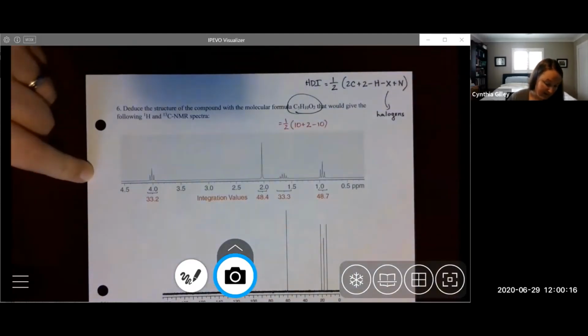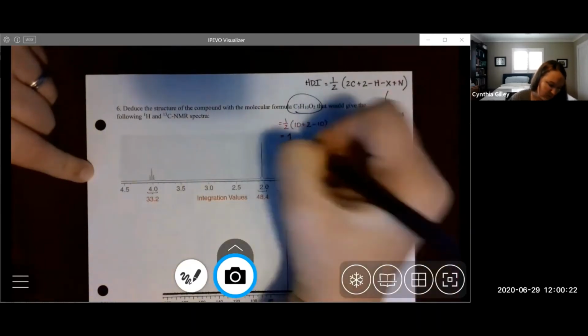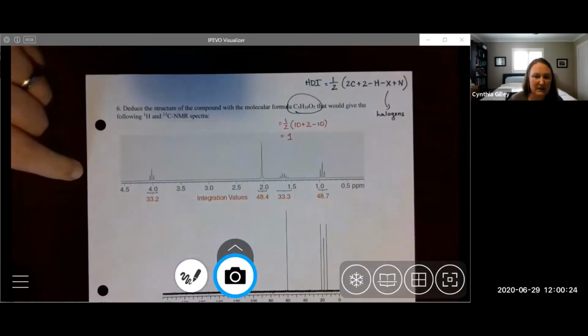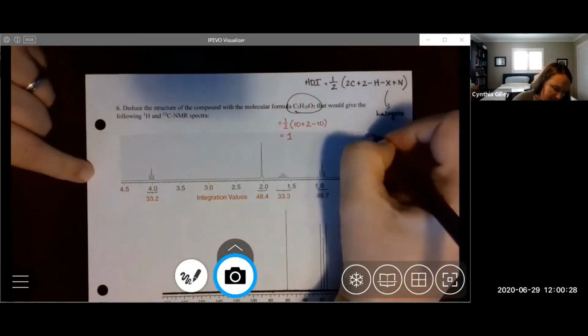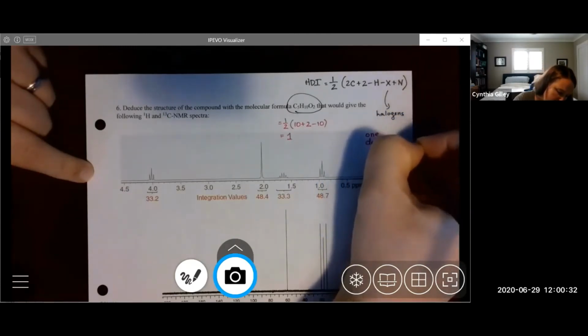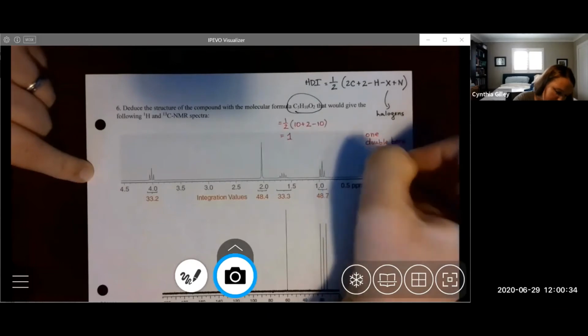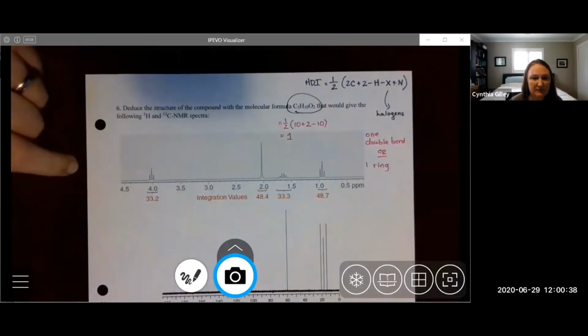So 1/2 of 2, I get 1. What does this mean? This means 1 double bond or a ring. It's much more common to have a double bond than a ring. Most likely it's a double bond.